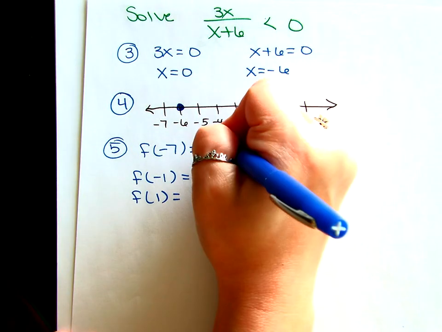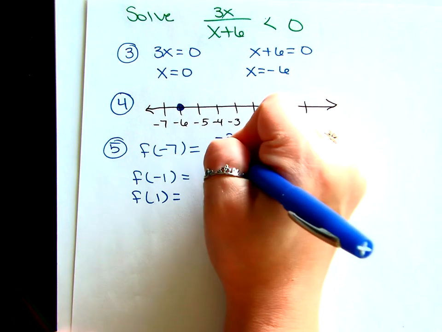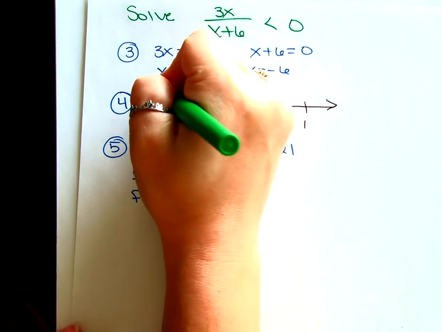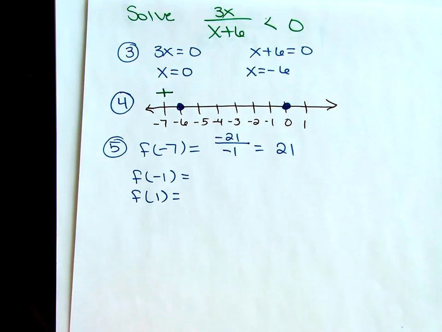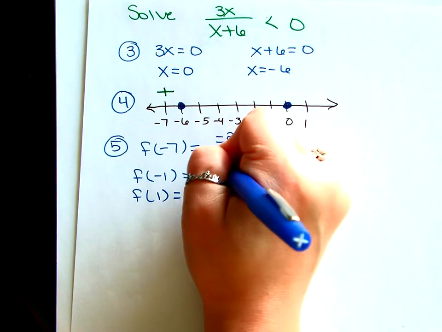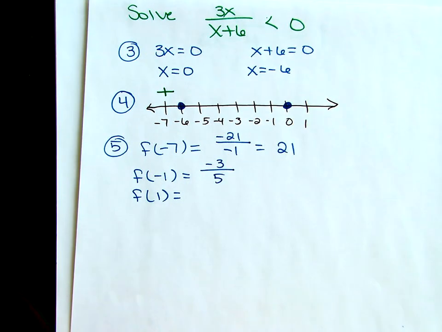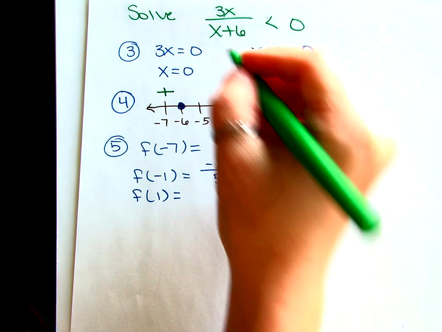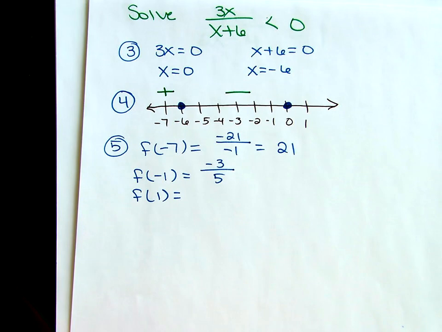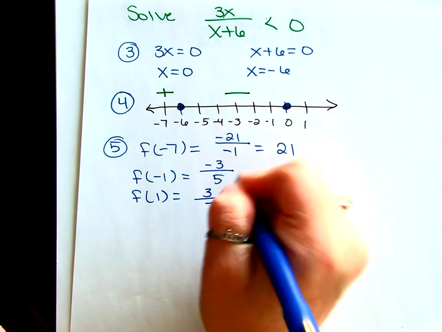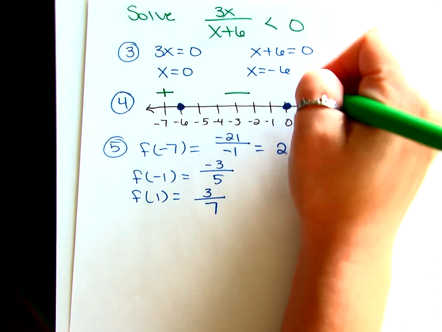Negative 21 over negative 1, which gives me positive 21. Negative 1 over positive 5 gives me negative. 1 over 7 gives me positive.